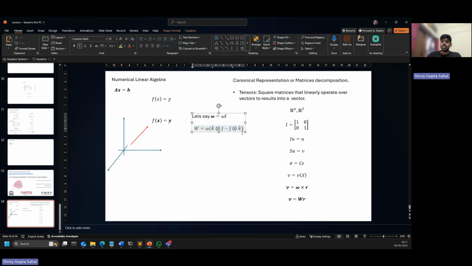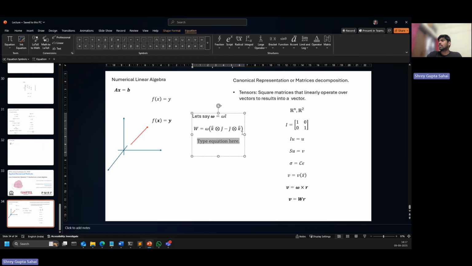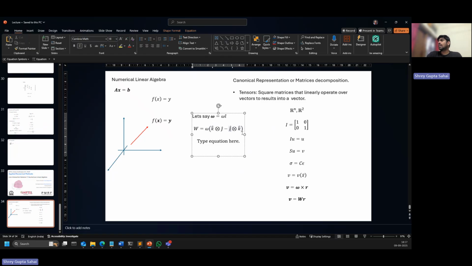Essentially, what does this notation mean? This basically represents a tensor, right?